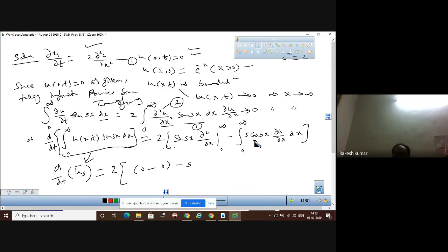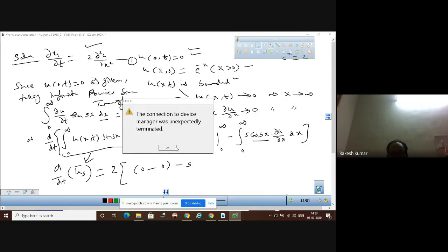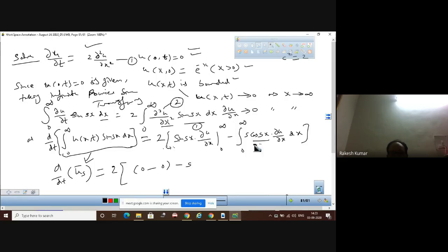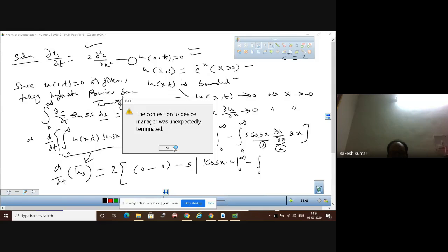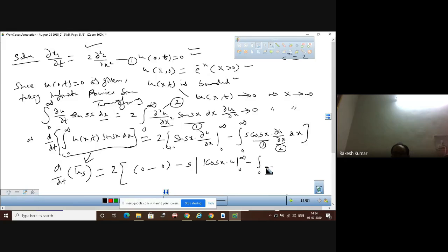If you integrate by taking this as a first function and this as a second function, you can write the first function as it is, cos of sx, and the integral of the second, that will come out to be u, with the limits 0 to infinity, and the integral from 0 to infinity, and you will be able to write the derivative of cos, which will be equal to minus s into sine sx into u into dx, and the limits are 0 to infinity.